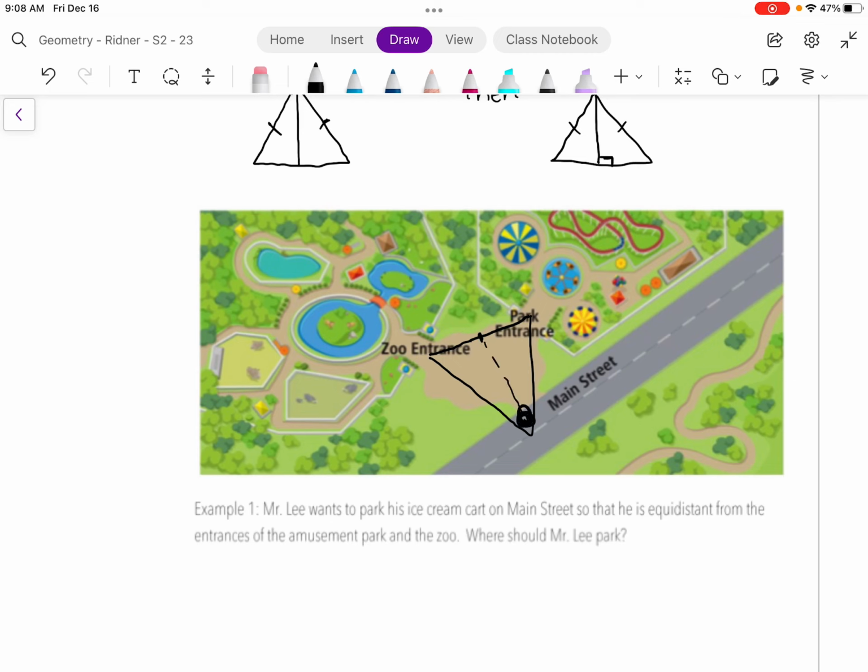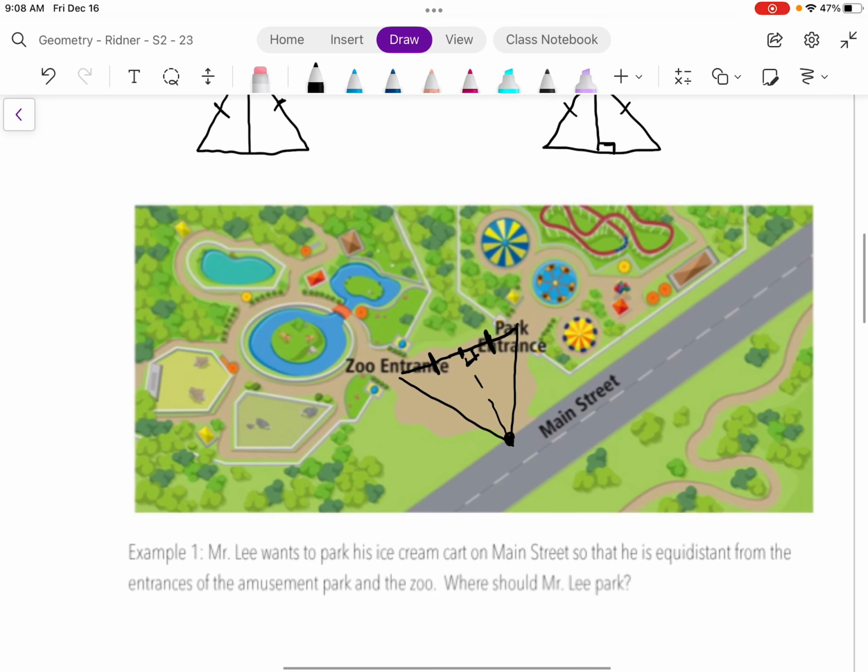He should park right here on Main Street. I probably should have brought that in a little bit because he can't actually park in the road. So let's say he parks right here, so that he is equal distance from the park and the zoo entrance, because this is equal to that. And this is a perpendicular bisector.